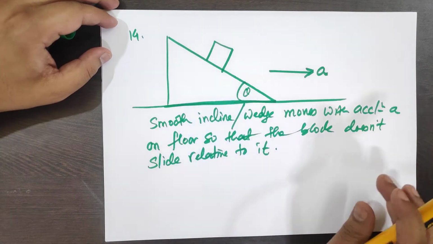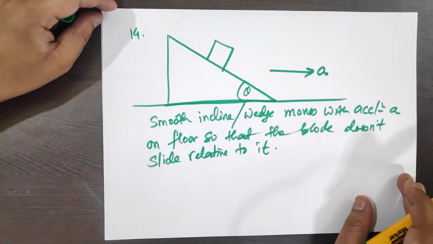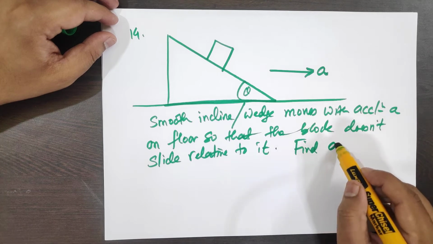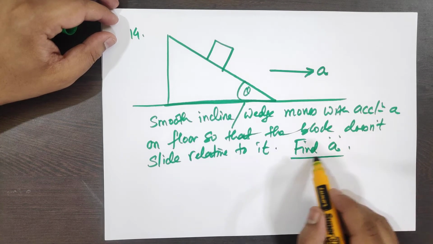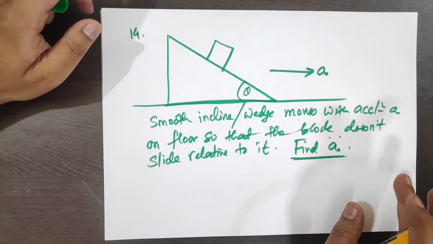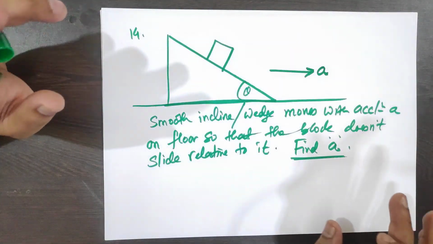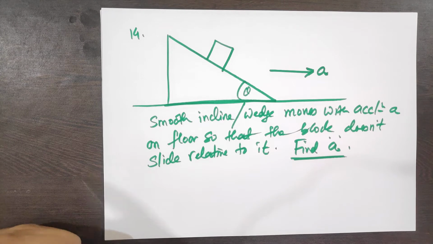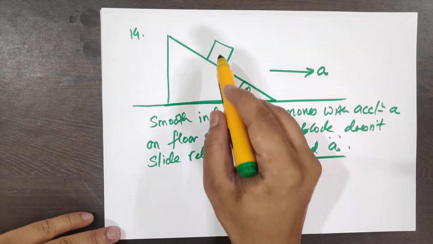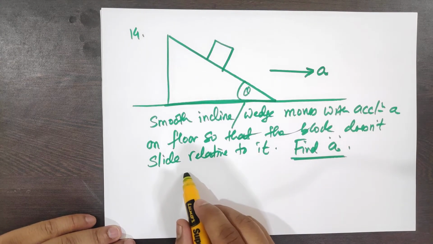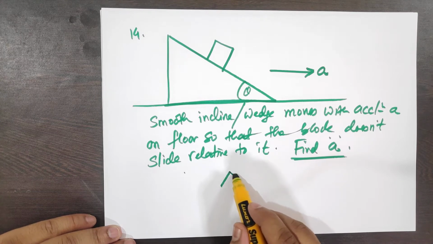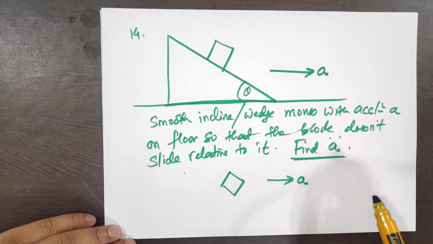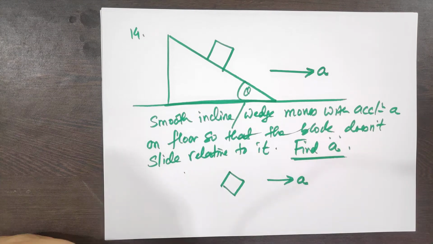That means relative to this wedge the block doesn't slide. So you have to find a. There should be a value of a for which this block will stick to the wedge. Block sticking to the wedge means this block will have the same acceleration a as that of the wedge, then only there is no relative motion.